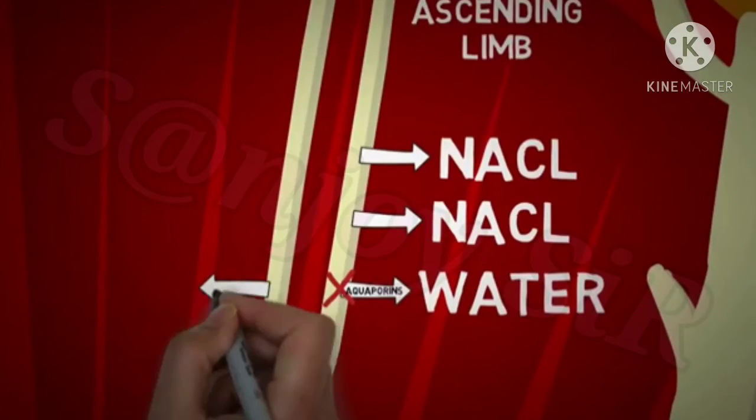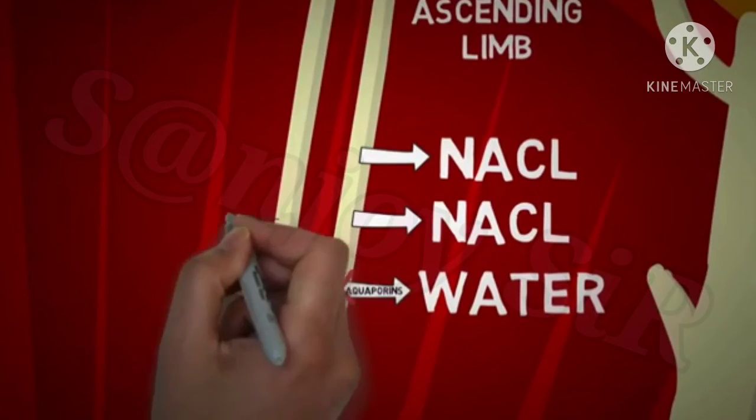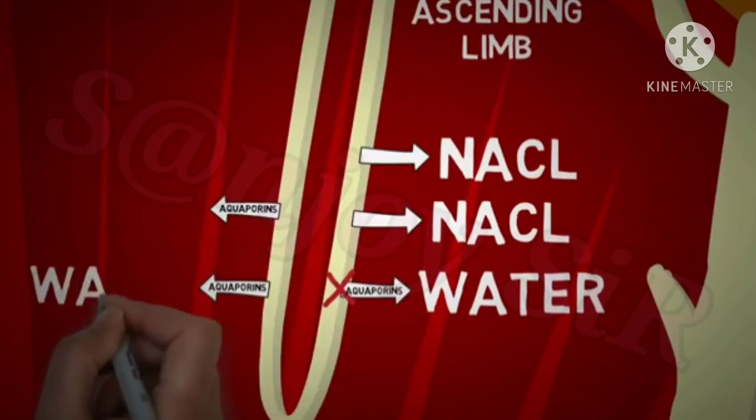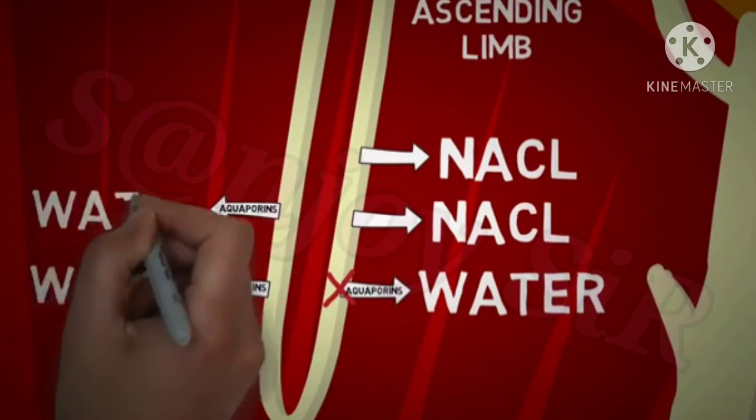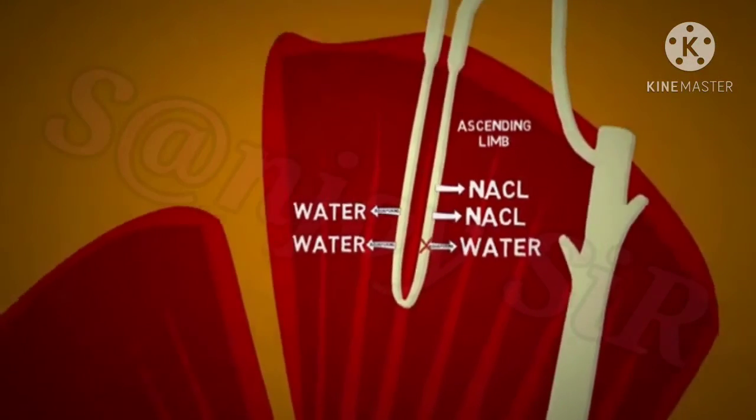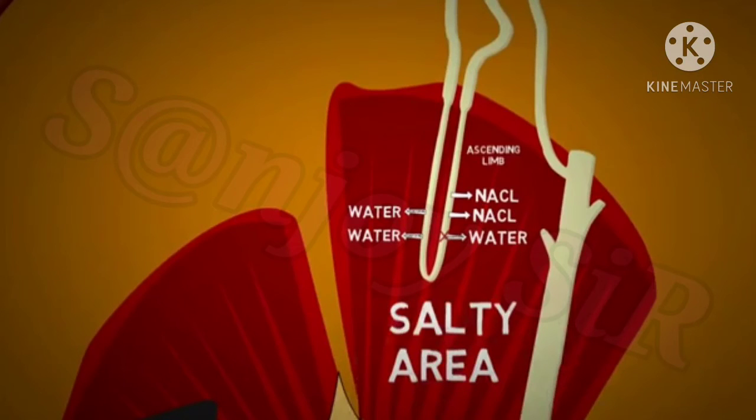These types of channels that allow water to move out are known as the aquaporins. And these types of channels are actually present in the descending limb of the loop of Henle that makes it freely permeable to water. So now this is all salty, and the water will move out of the descending limb into the renal medulla and then eventually into the blood vessels and gets reabsorbed.